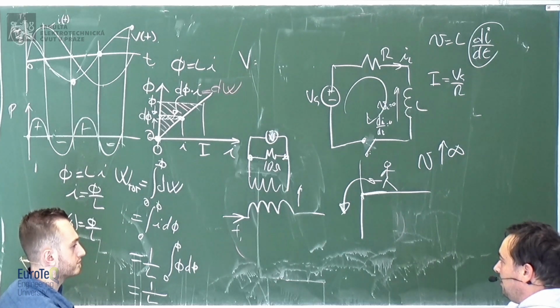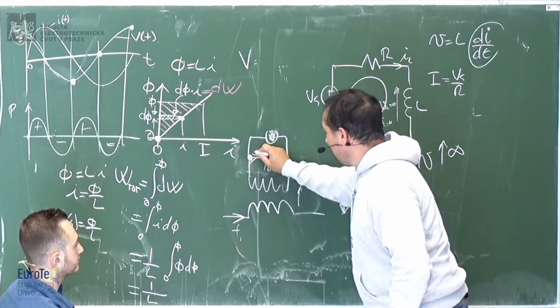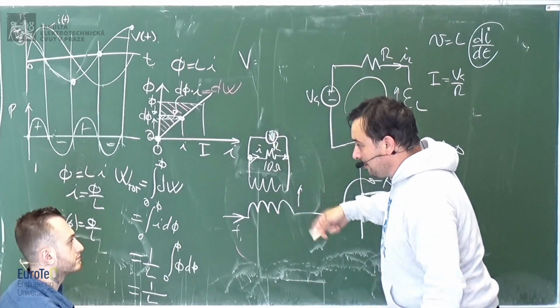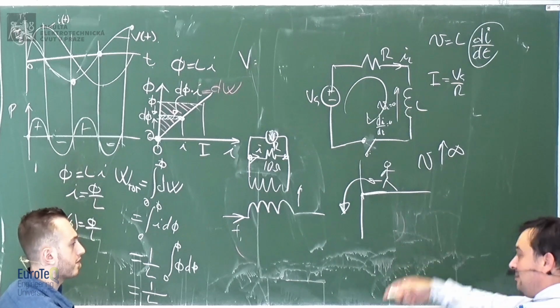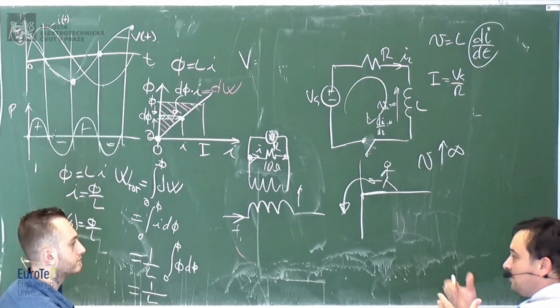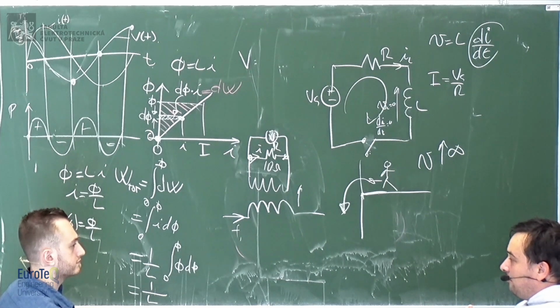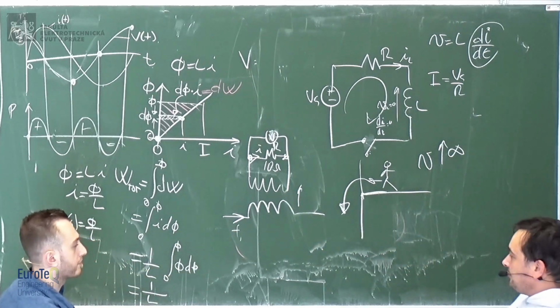So in this case, you have some current going here, you have a resistor. Even with an ideal ammeter, you still have some current flowing through it, it has some resistance, and therefore it's absorbing some small power. And this power doesn't come out of nowhere. It comes from the circuit.